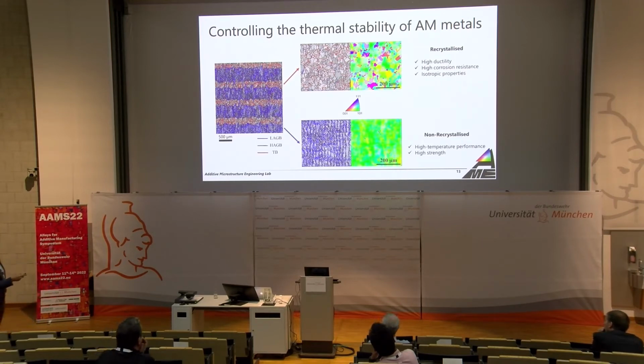It has no texture, or very weak texture, and equiaxed grains. The blue microstructure is basically an as-built microstructure with strong texture, and clearly still residual high GND density and columnar grains.